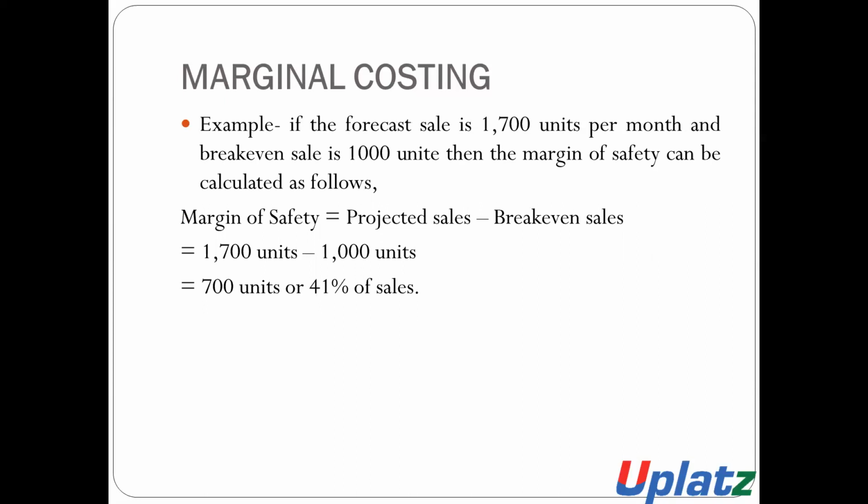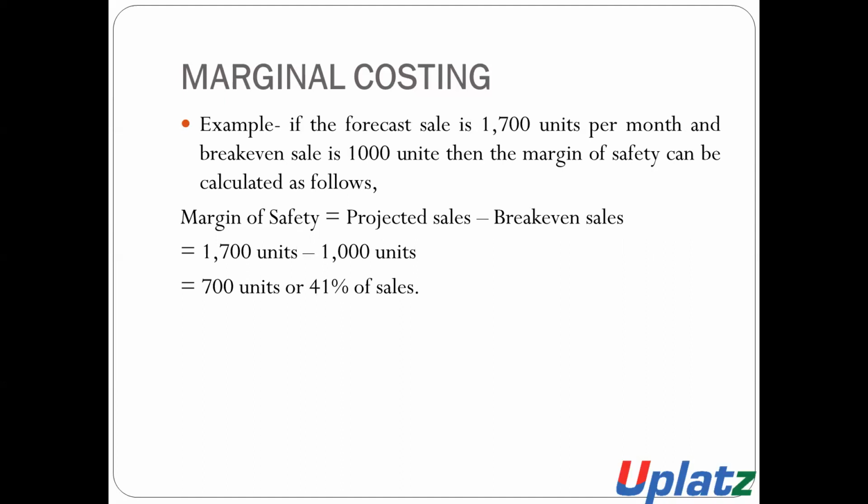If the forecast sale is 1700 units per month and break even sale is 1000, then what is the margin of safety? The margin of safety is projected sale less break even sale.